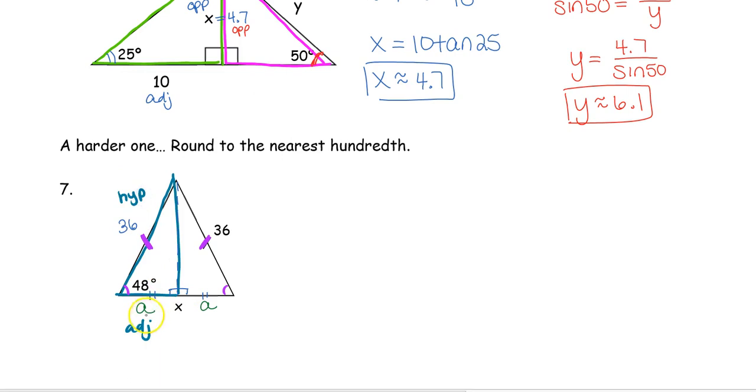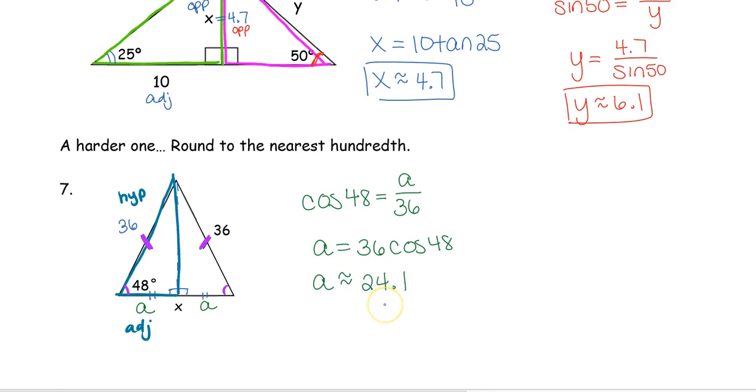So when I set up my equation, it's cosine of my reference angle of 48 is equal to the adjacent side, which is A, over the hypotenuse, which is 36. Since A is on top, I just multiply. So A is equal to 36 times the cosine of 48. We plug that right into our calculator and we find A is about 24.1.